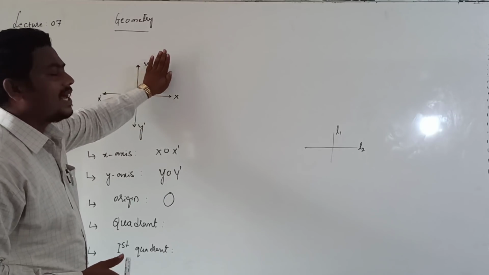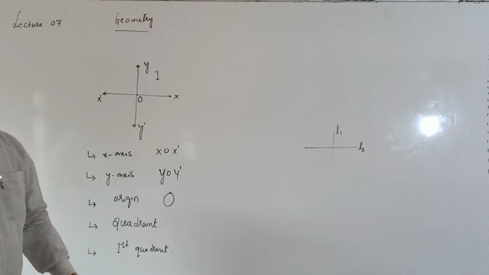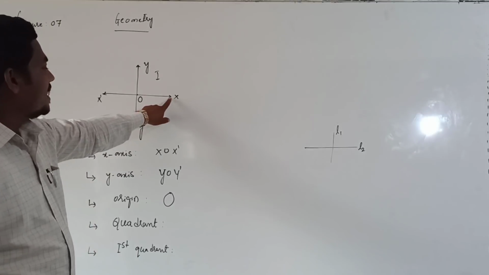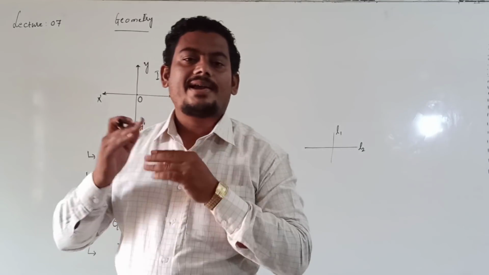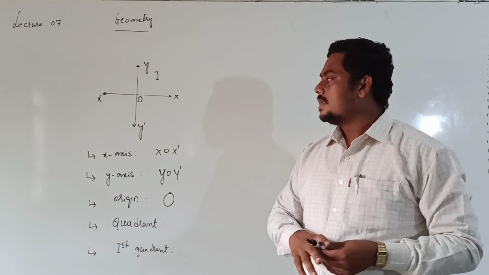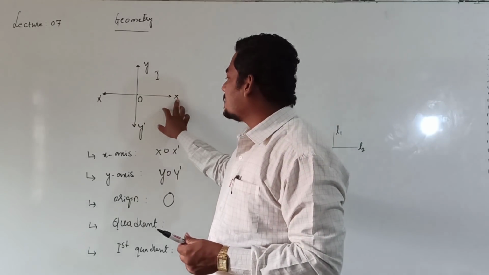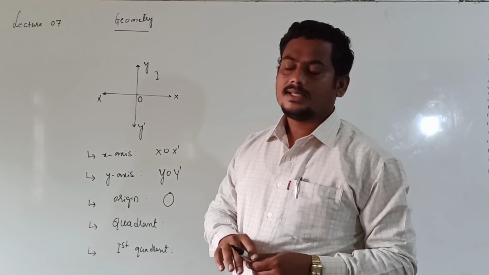This part is known as first quadrant. Simply definition: the part of the plane x, o, y is known as first quadrant.